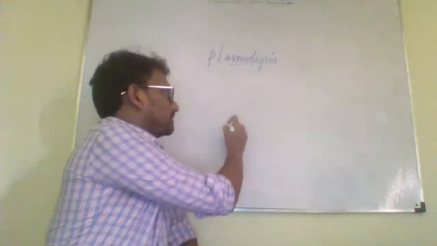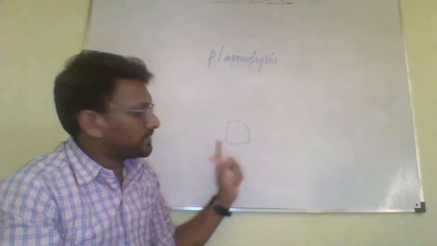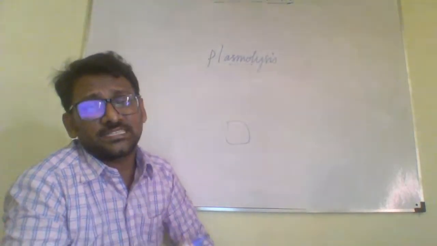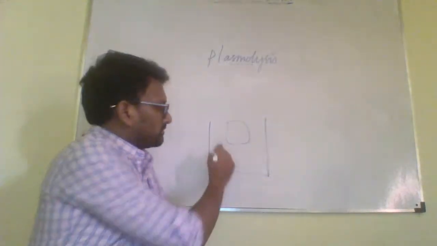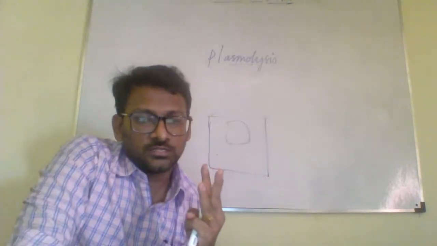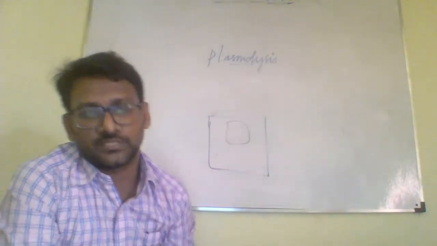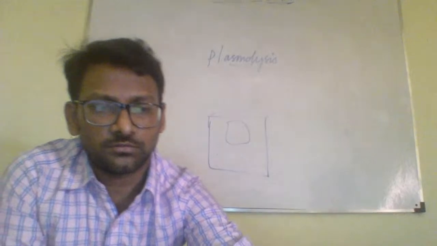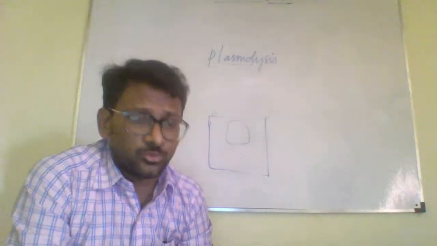So if you have a plant cell like this, the same plant cell would behave in three different manners based upon its external solution. If you take this as the external solution, then under three different conditions, the cell would behave in three different ways. That is what I gave in the worksheet also. What are those? We'll try to discuss right now. So one is placing the cell in isotonic solution.